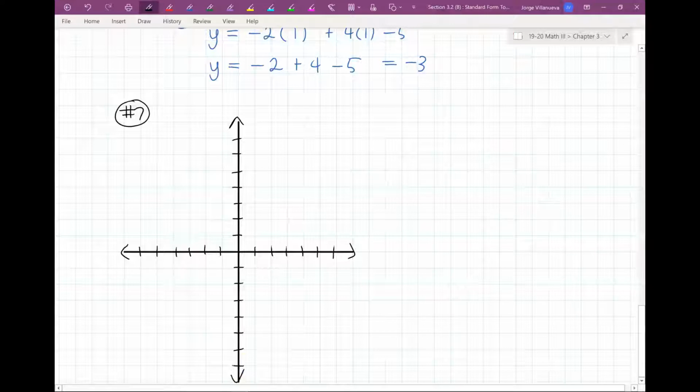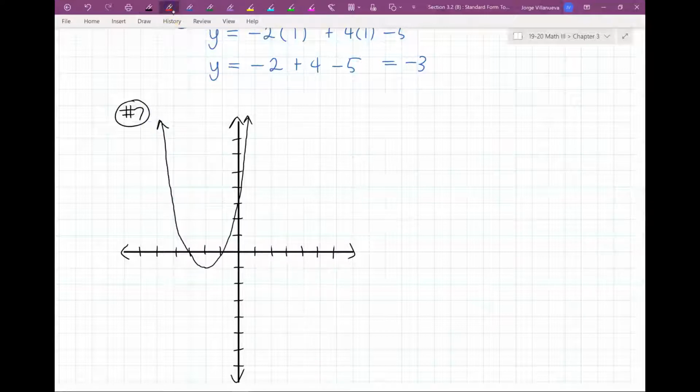All right, so here's your graph. Now, let's see, negative 2, 1, and it crosses at 3. I think I did a decent job of graphing it. They want us to write the vertex form, okay?